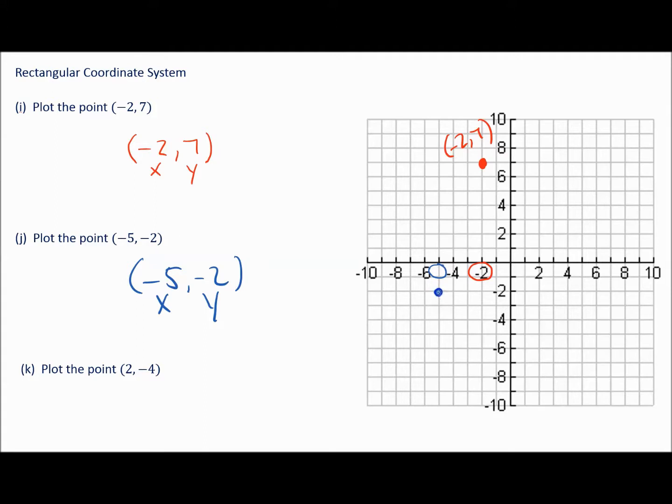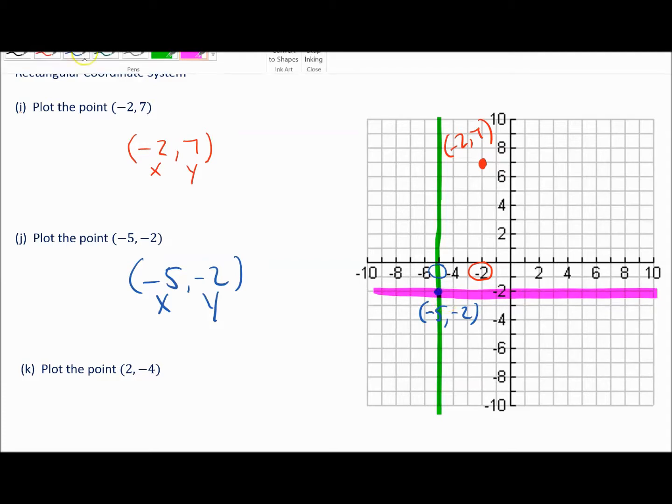So this point right here is -5 for x, -2 for y. And it's really where they intersect each other. If I'd highlighted like I did on that other page, x is -5 is anywhere along this green line, and y is -2 is going to be anywhere along the purple, and where they intersect is my blue point that I plotted, which is -5, -2.